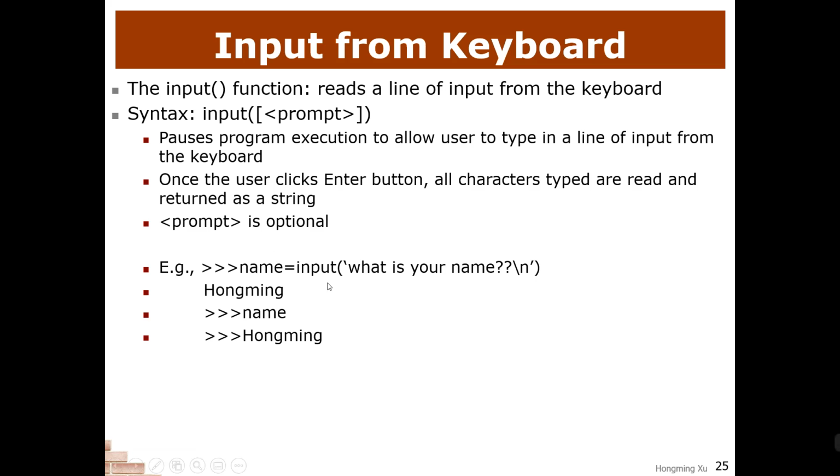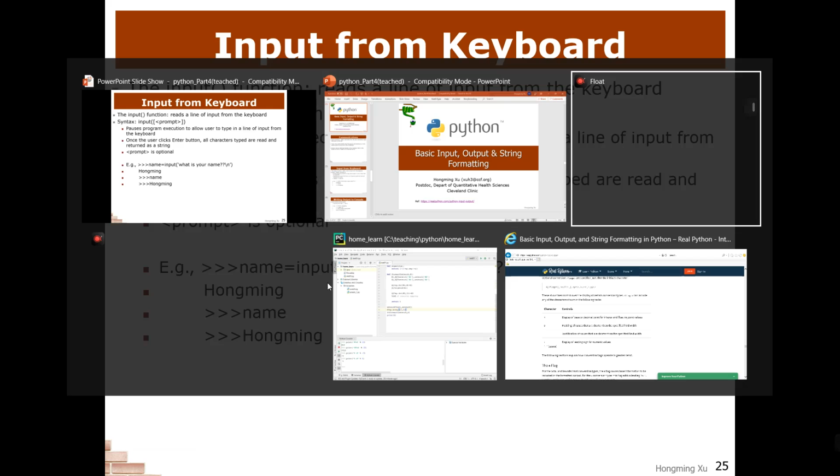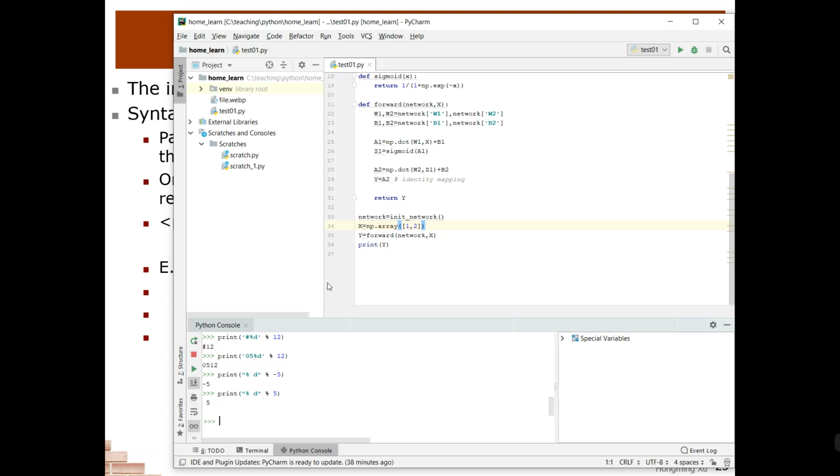This prompt is optional, as I said, and this is an example of how to use the input function. Let's see an example here. Name equals input, and the prompt is "hi." Then "hi" is the prompt for us to type the information.